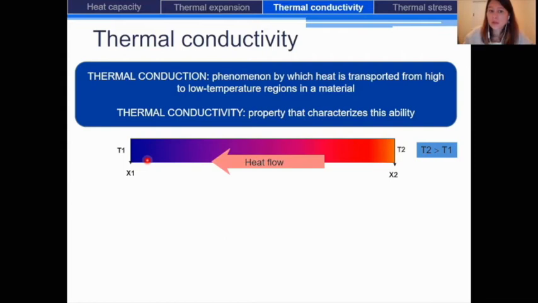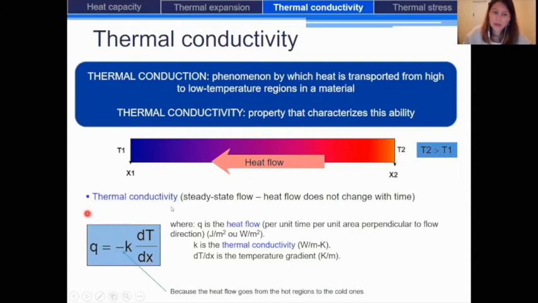And so the thermal conductivity is the property that characterizes this ability. In order to present the thermal conductivity, we measure it on steady state flow, which means the heat flow does not change with time. And so we have this equation that represents here Q, which is the heat flow per unit time, per unit area, perpendicular to the flow direction, so it will be the cross-section of this bar.